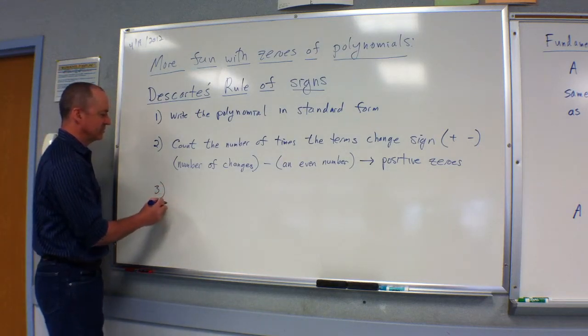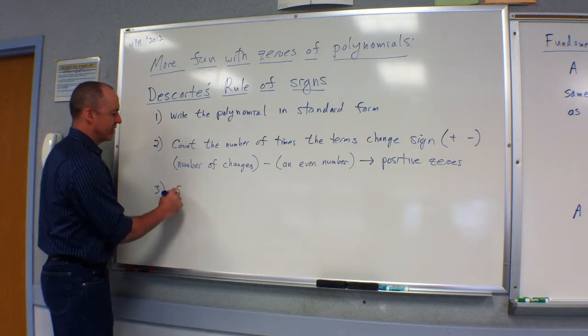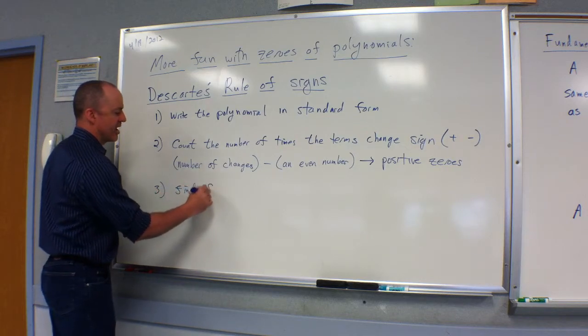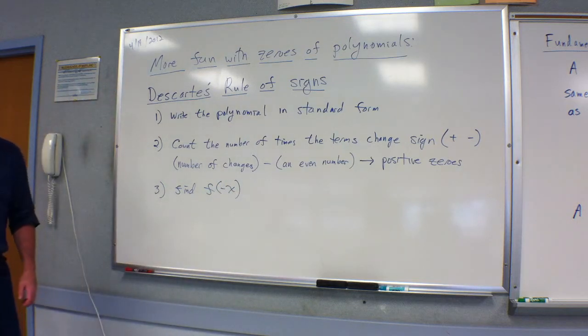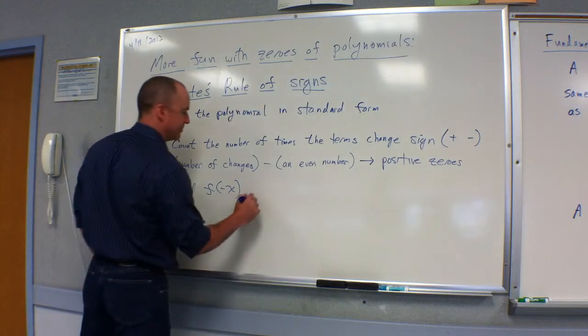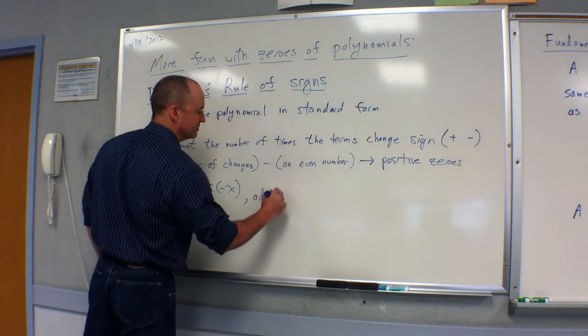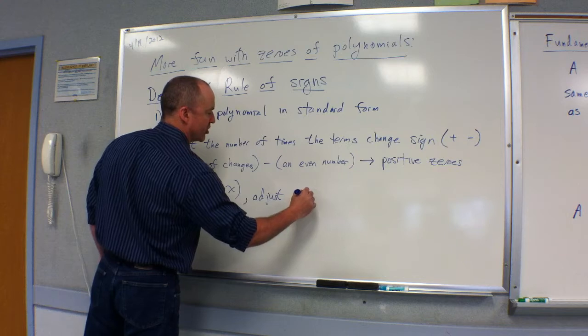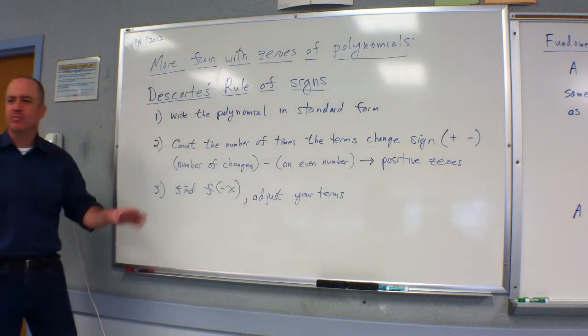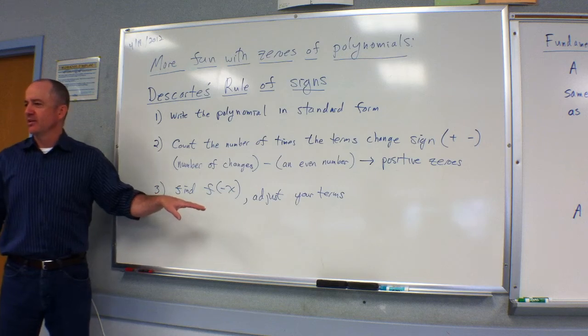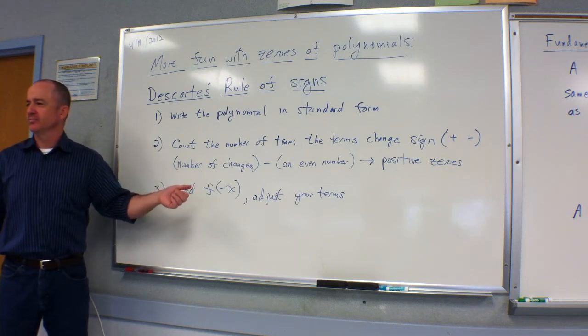Then, find f of negative x. Assume x is a negative number and adjust your terms accordingly. What I mean by that is, if you assume every number is negative, what happens when you square a negative? Positive.